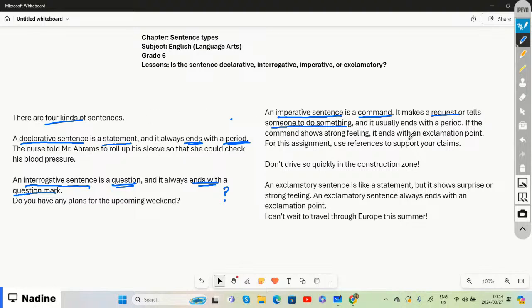An imperative sentence either ends with a period, but if the command shows strong feelings, it can end with an exclamation point.